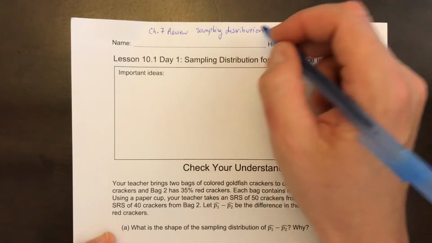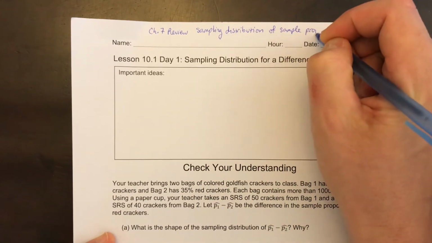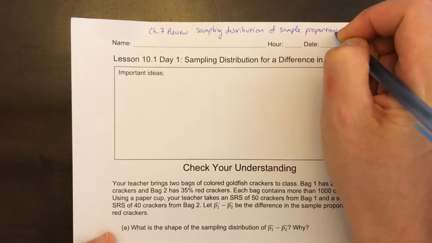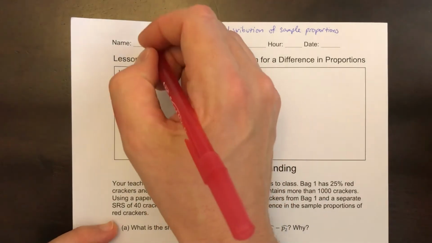So the sampling distribution of sample proportions, and we can talk about the shape, the center, and the spread.